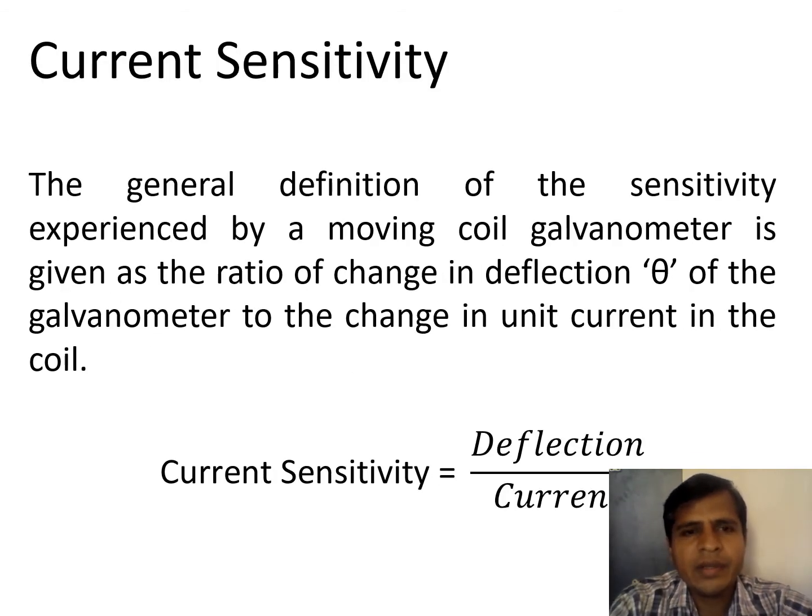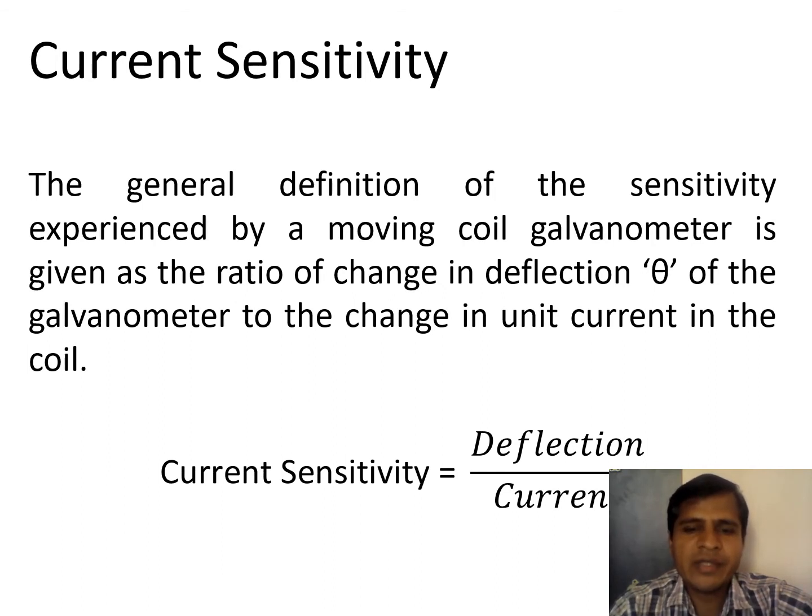Current sensitivity. The current sensitivity of the moving coil galvanometer is defined as the ratio of change in deflection, theta, of the galvanometer to the change in current in the coil.